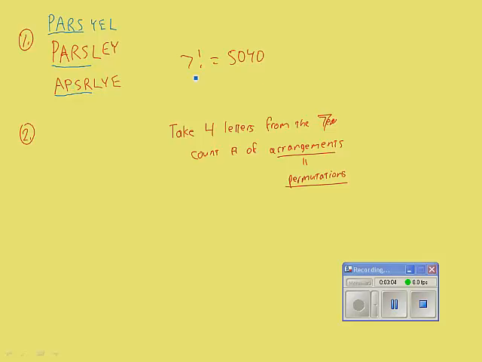Well, I guess what else could I do with P-A-R-S? I could do P-A-R-S-Y-L-E. I could do P-A-R-S-L-Y-E, right? Basically, if I had P-A-R-S and I had these 3 letters rearranged in any way, I'd still get P-A-R-S for the 4-letter word. Do you guys follow that? So if that's the case, it's less than 5,040. You have to divide. Make it smaller.